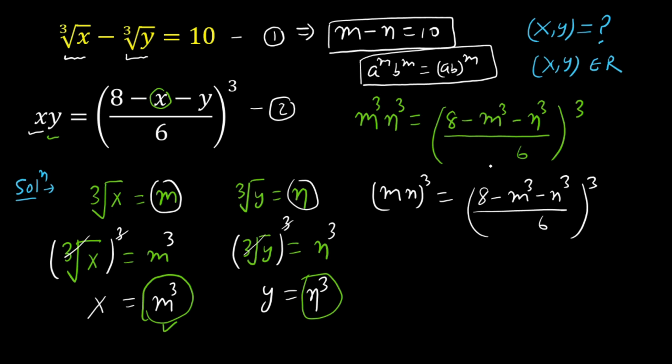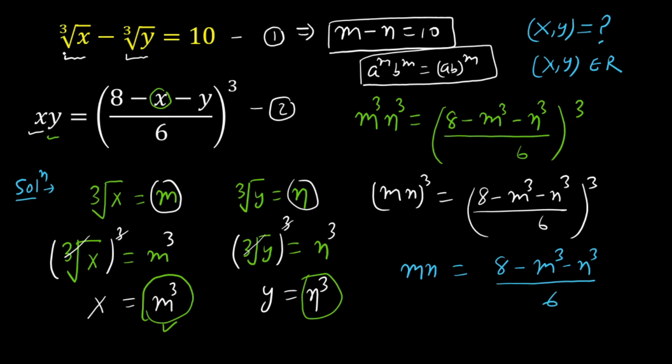We know that x and y belong to the real numbers, so m and n also belong to the real numbers. If we take power 1 by 3 on both sides, then m into n equals 8 minus m cube minus n cube, divided by 6.